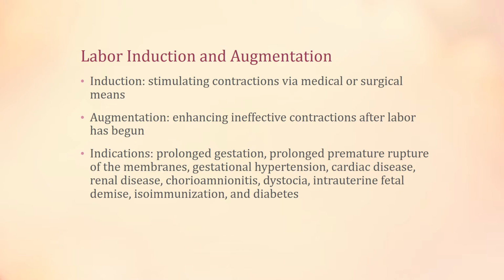Fetal maturity must be acknowledged, and it must be measured before induction. This is what should be done. Table 21.2 talks about vaginal exams and Bishop scoring, and this is what is supposed to be done to see if the cervix is favorable for an induction.